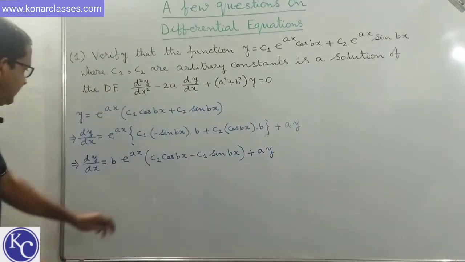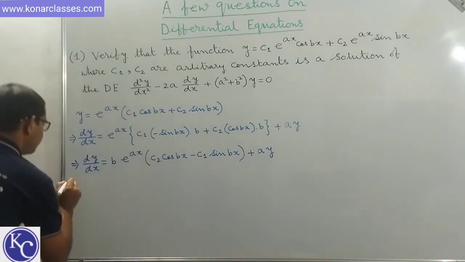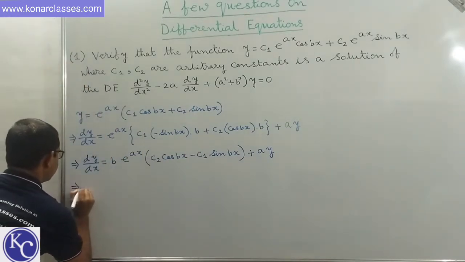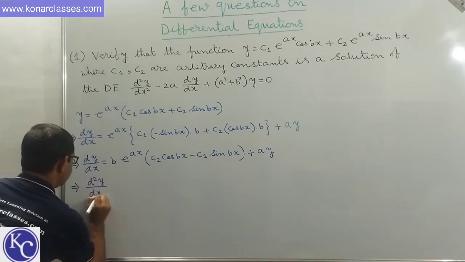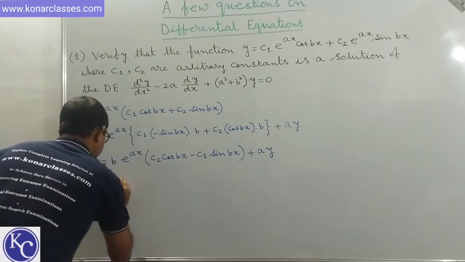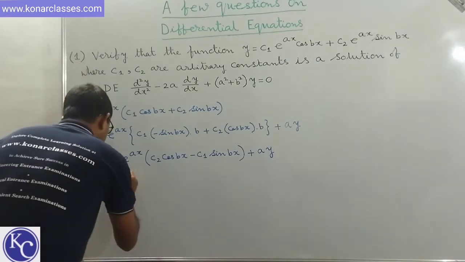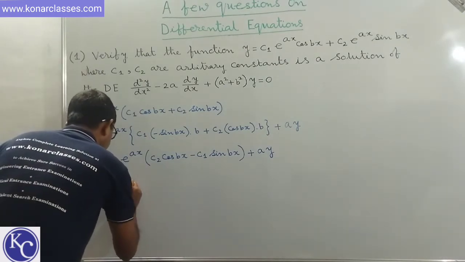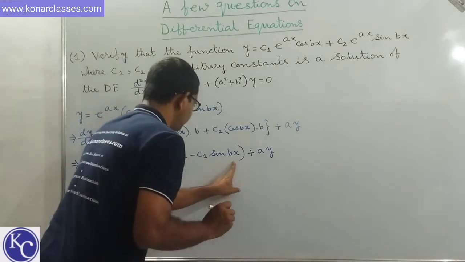Now dear students, let's differentiate both sides with respect to x. Okay, what we are going to get? This implies d2y dx2 is equal to, we can take b outside of the differentiation because it is a constant. Then we get e power ax into differentiation of this.